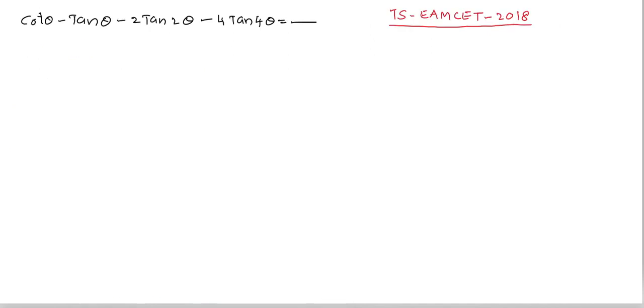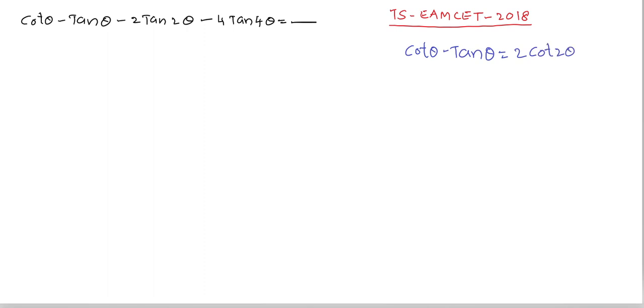Cot theta minus tan theta minus 2 tan 2 theta minus 4 tan 4 theta is equal to what? TSM set 2018 question. So we know the formula, that is cot theta minus tan theta is equal to 2 cot 2 theta.